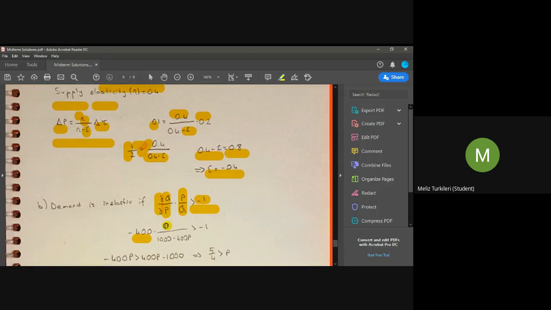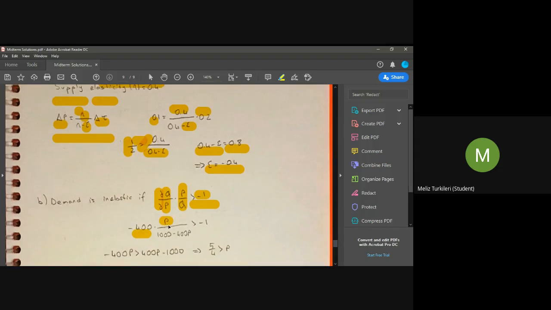In the above section, we have P. What about the quantity? We know that this quantity is equal to 1000 minus 400P. Since we need to find some information with respect to price level, we take this demand equation and plug it into this elasticity formula.